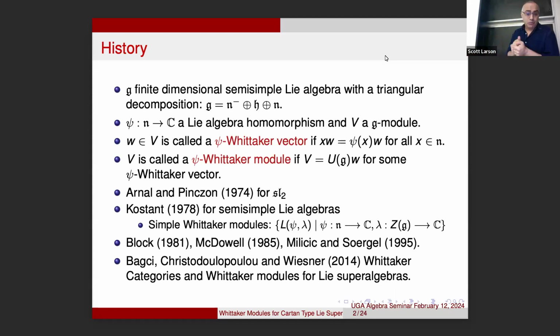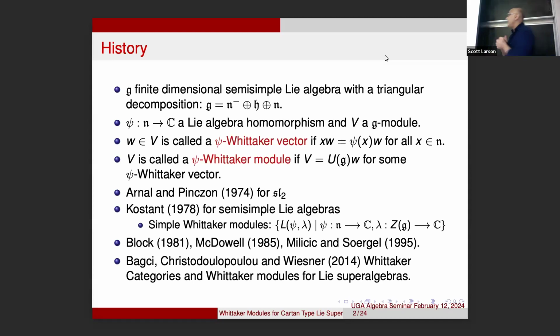If you want to define Whittaker modules, we need to have a triangular decomposition. If you take a semi-simple Lie algebra with triangular decomposition, then you can define the notion of a Whittaker module. We take a Lie algebra homomorphism psi from N to C, from the nilpotent part. If you take a G-module V, then we can talk about Whittaker vectors.